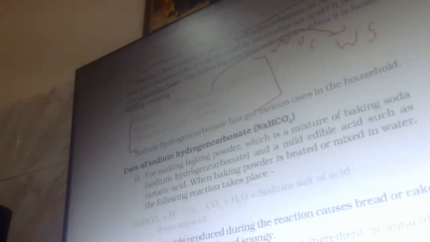For baking powder, you have to mix baking soda with an edible acid, the sodium salt of an edible acid. It's an ingredient in antacids and soda acid fire extinguishers.